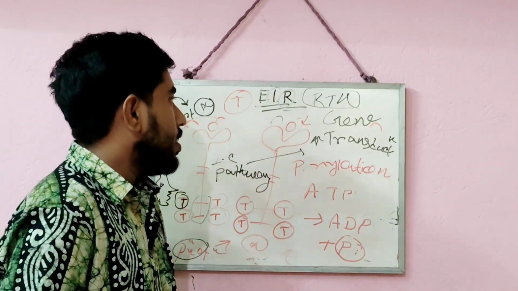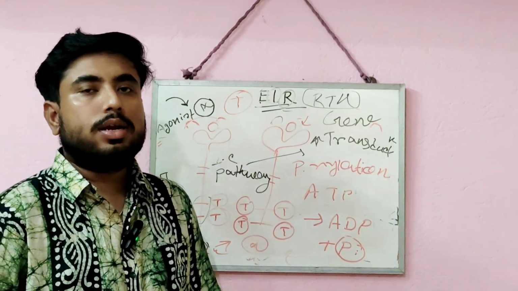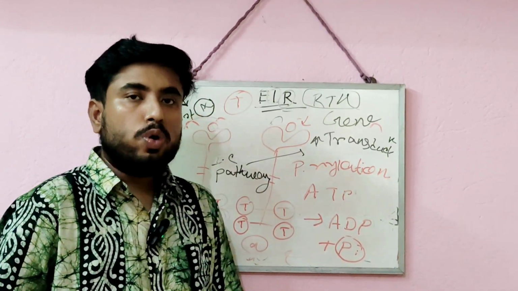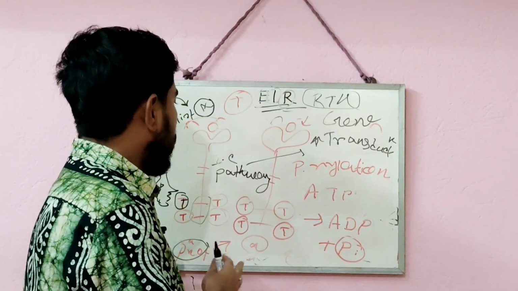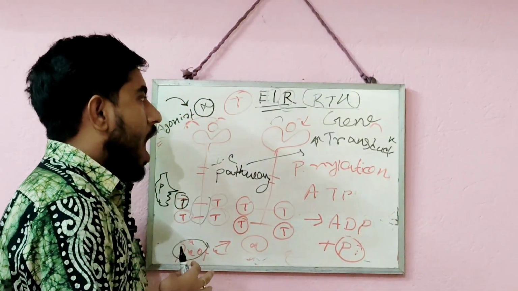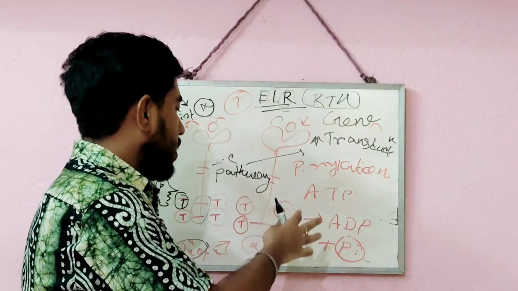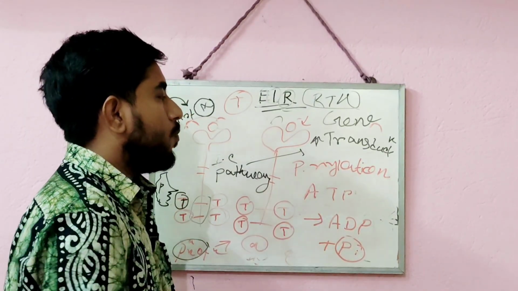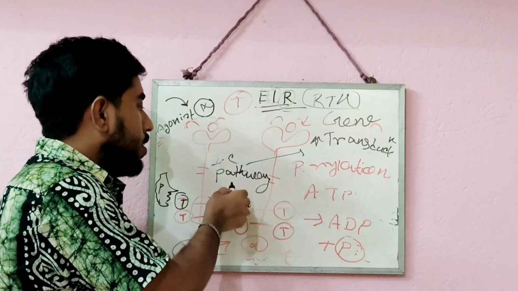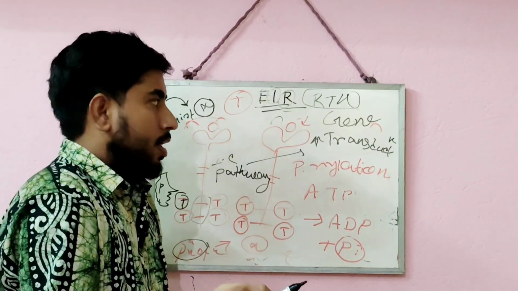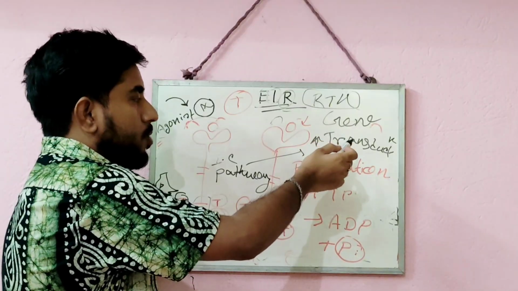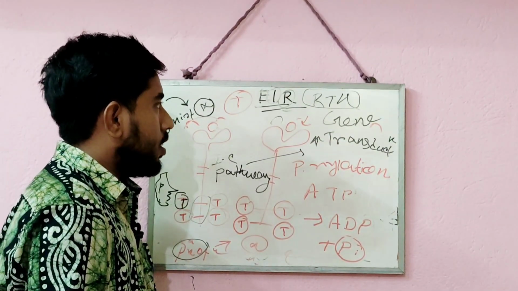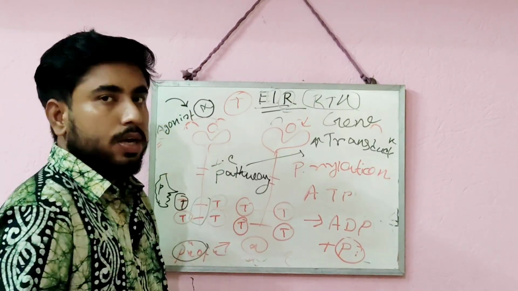So by that I have easily explained what ELR, the enzyme-linked receptor, is, what its structure is, how it shows its action, what its understandable diagram is, how it works, what RTK is, what tyrosine activation is, what ATP activation is, how phosphorylation takes place, how intracellular pathways are activated, how gene expression is shown, and how the transduction mechanism is shown by ELR. All of that I have already explained in this video.